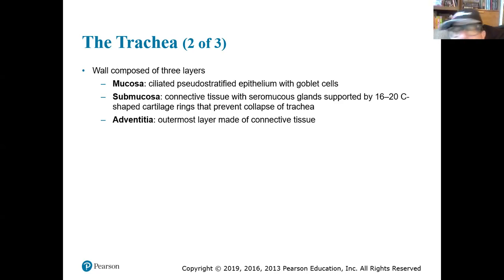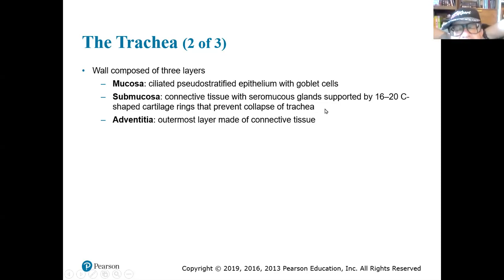The wall of the trachea is made out of 3 parts. The mucosa is the inner lining with the goblet cells. The submucosa is what's below that, and then there are 16 to 20 C-shaped rings to keep the trachea from collapsing.